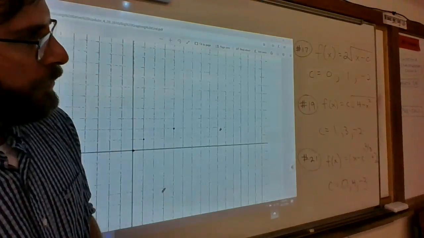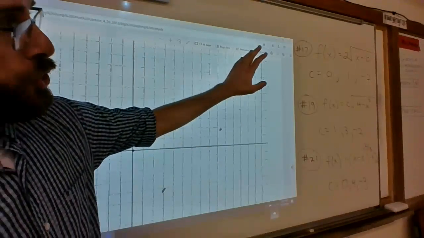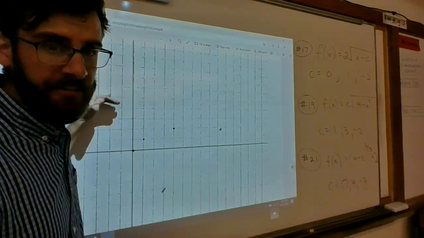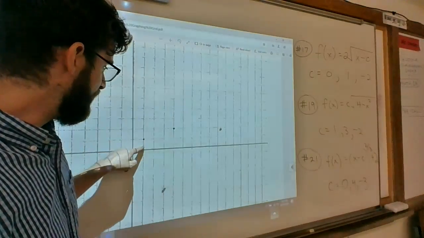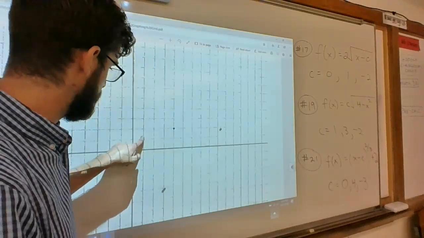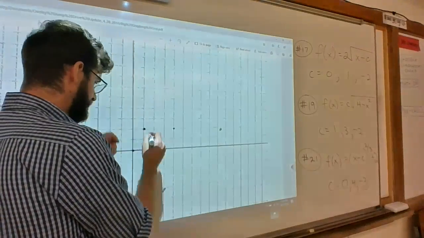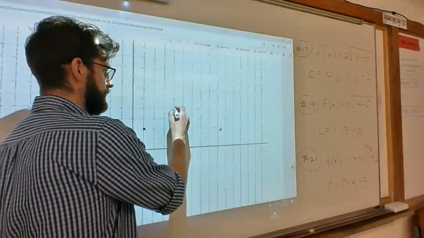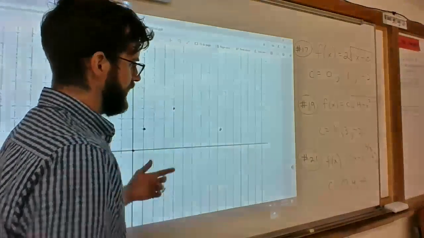Now, if we're multiplying a 2 by that, that's going to multiply each point's y value by 2. So the y value was 1, now it's 1 times 2. The y value is 2, now that's 2 times 2, 4, and so on and so forth.